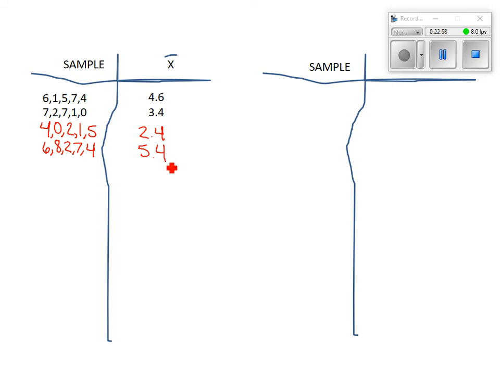Wait, I'm super confused. So we take the 5-digit number, is that what we're doing? And putting commas in between each of the numbers? And then you find the mean of each.